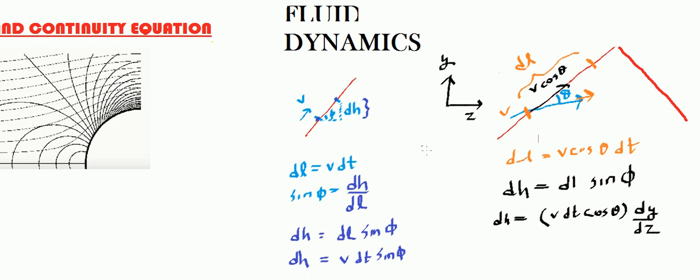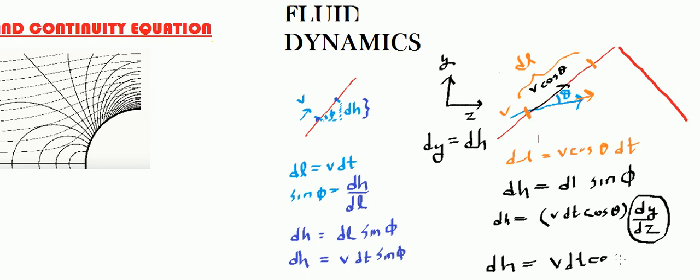So you can easily see that dy is equal to dh, and dy by dz represents the space variation of h. So finally dh can be written as v dt cos theta.